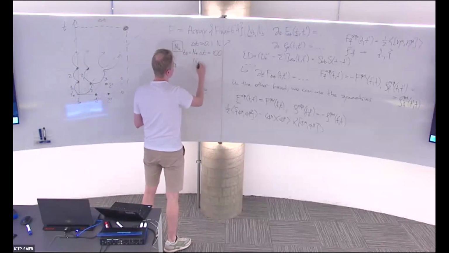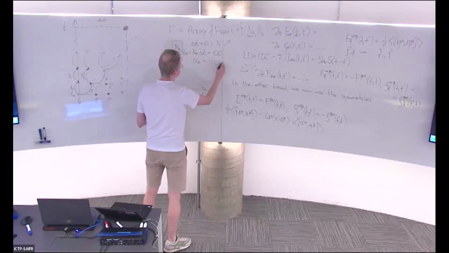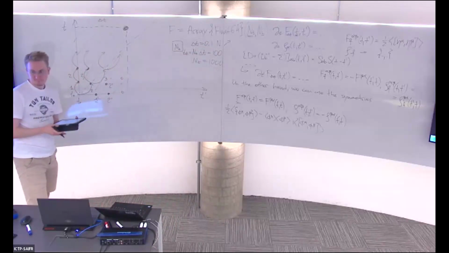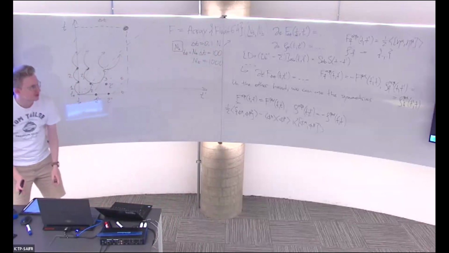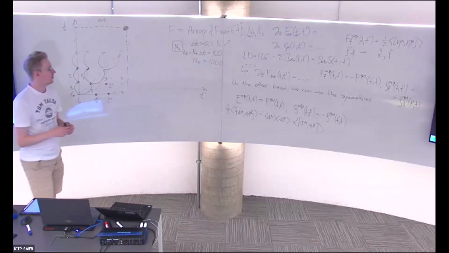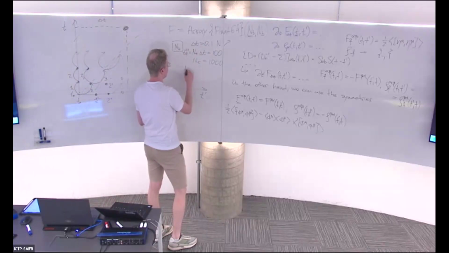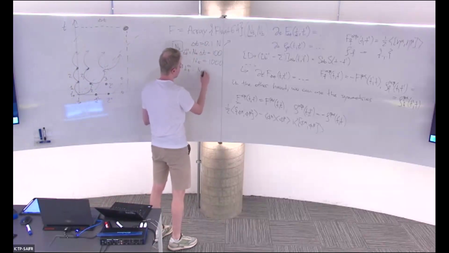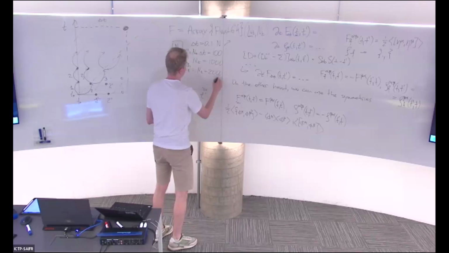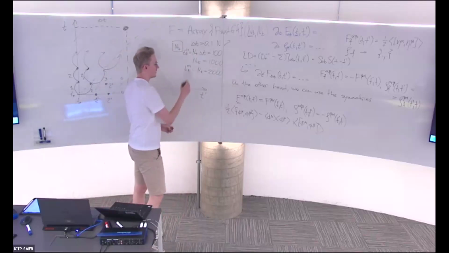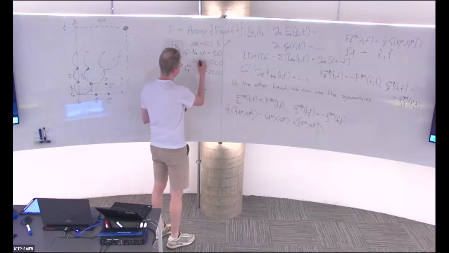So our NT is 1000. How much is it going to cost? Let's say this is TF1, then TF2, and NT is equal to 2000. How much more expensive does it get when we go from this to this?